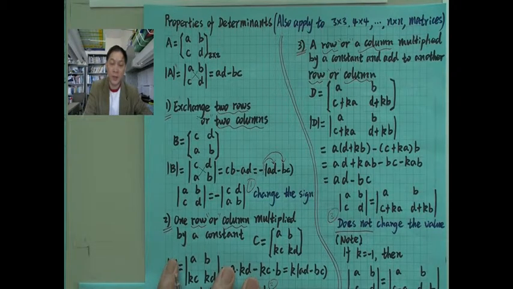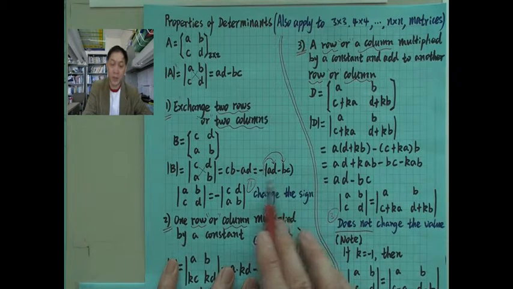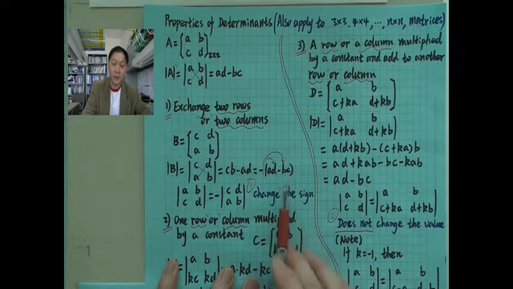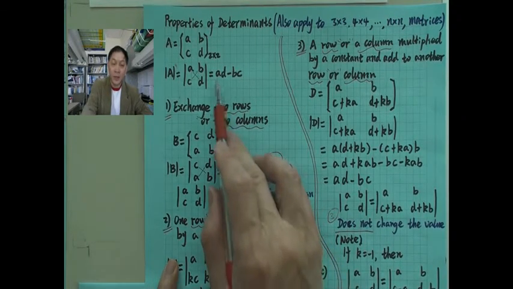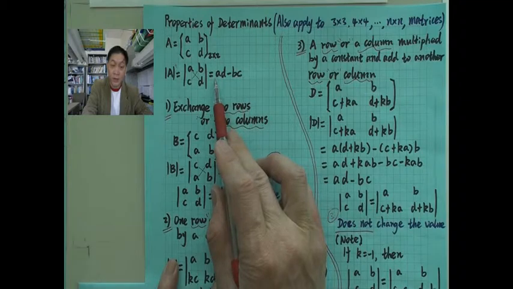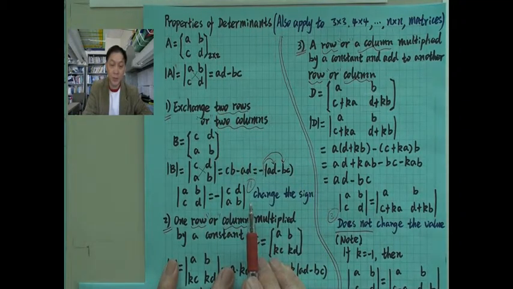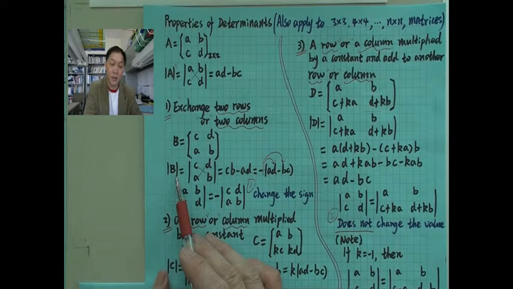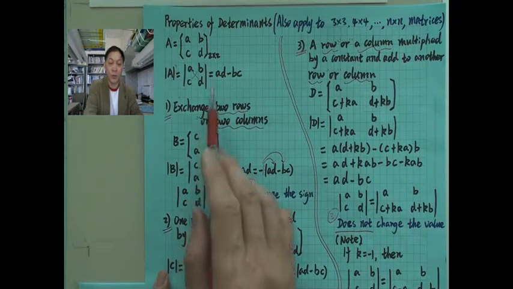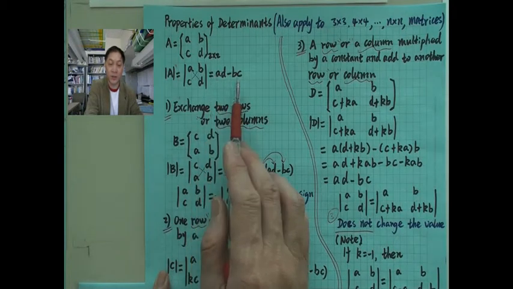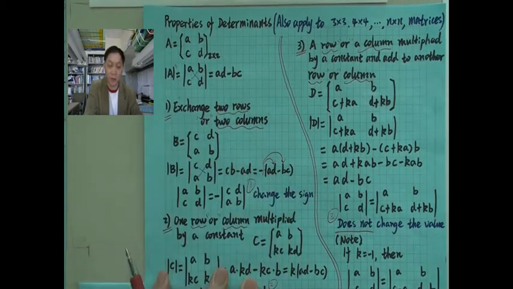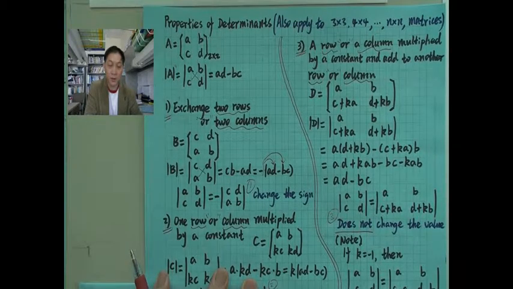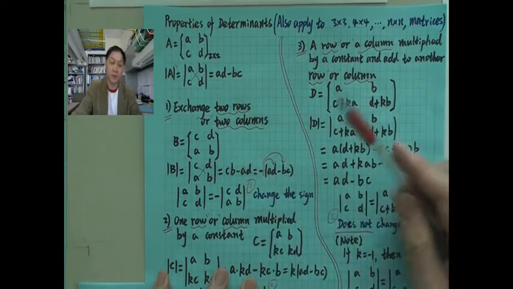The reason I'm doing so is because, look, negative of AD minus BC, and AD minus BC without the negative. That means the determinant for B is just putting the negative in front of this, and they are opposite.